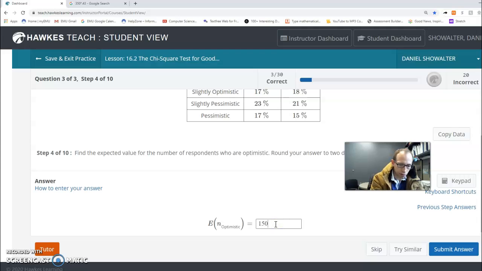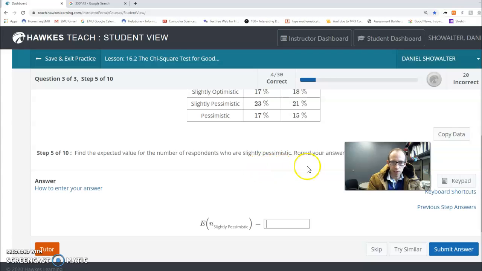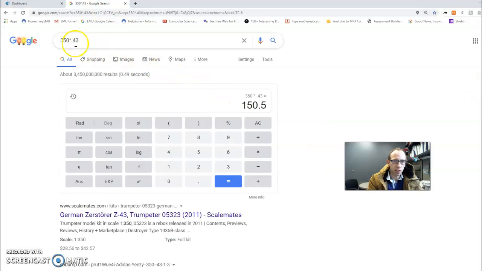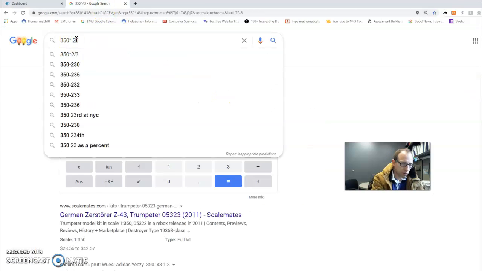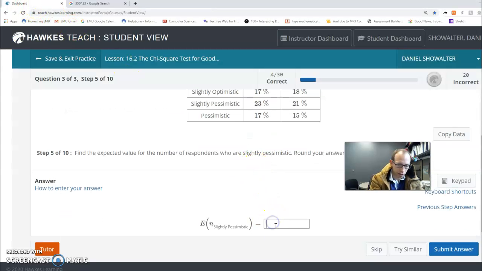Let's go ahead and put 150.5. Then we're going to do the same thing on this one, slightly pessimistic. That's going to be 0.23 times our 350, and that'll give us 80.5 here.